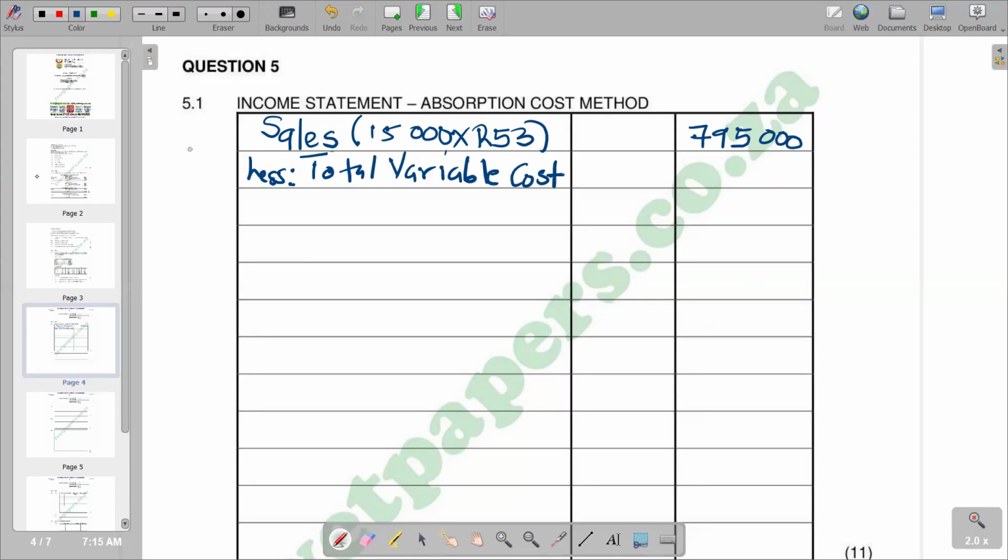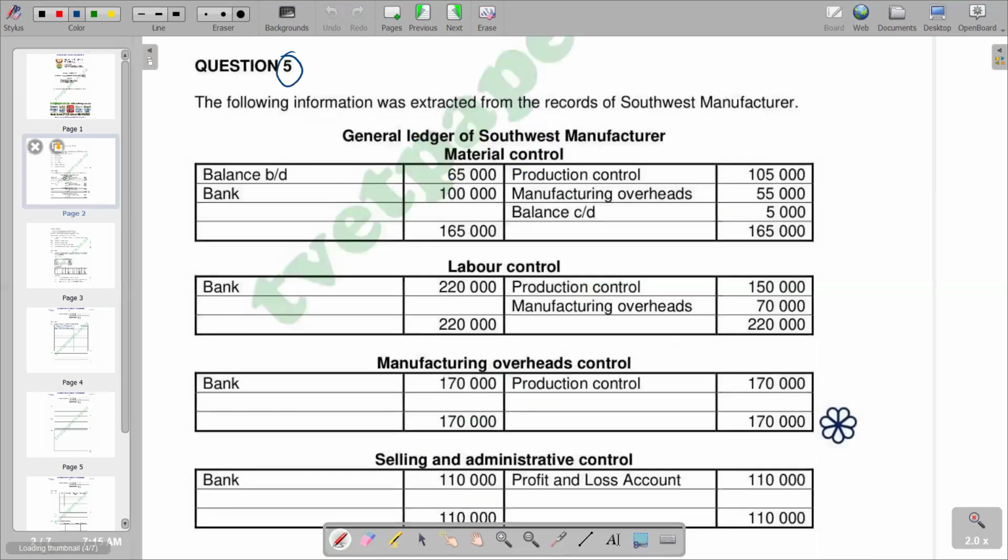So going back to our question, we can see that we are given manufacturing overhead control, and also we have the labor control and material control. So on our variable costs, we are going to consider our direct material. We've got material control, whereby we have the material that is being transferred to the production control. It represents direct material.